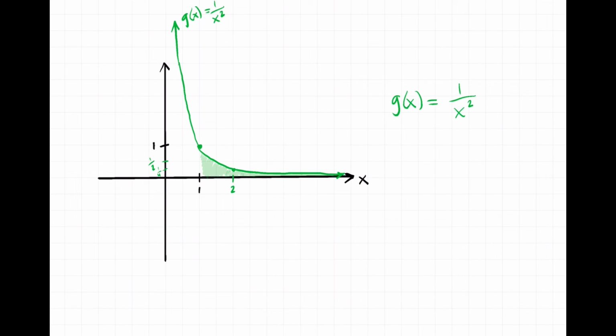It's still an unbounded region, and the y-coordinate is going to get closer and closer and closer to the x-axis as we move out further and further to the right. This region is still unbounded, but that excess area that you'll keep adding on as you move your upper bound further to the right, is that one going to give us an infinite area, or might it actually be finite? Let's check. We can compute the integral and find out.